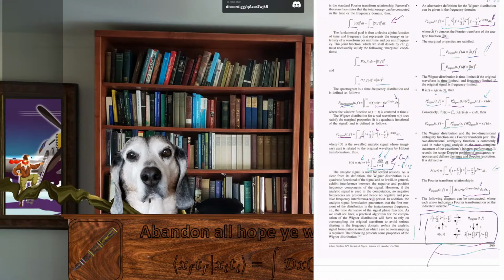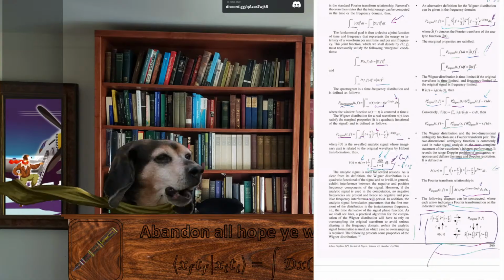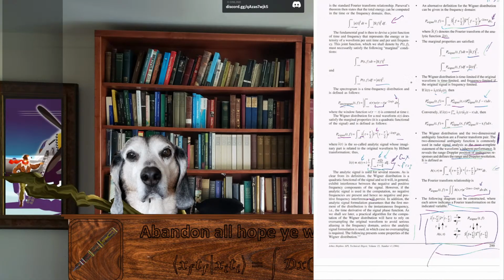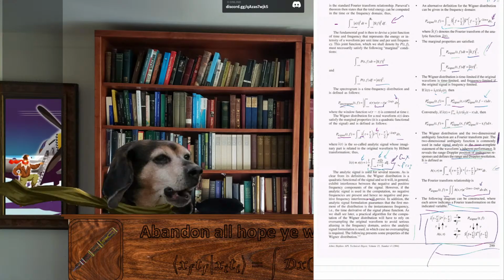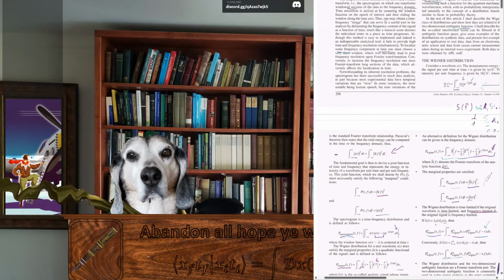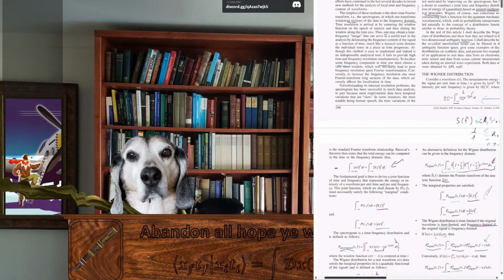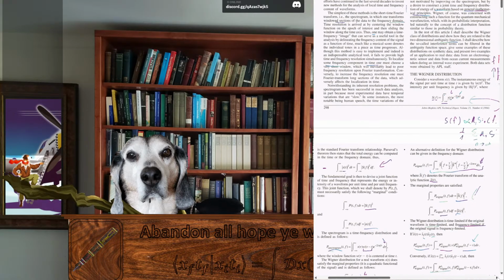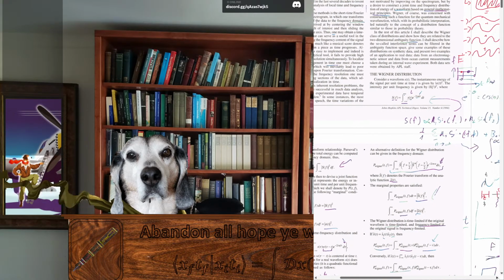There we go. That's a pain in the butt. I have to tap instead of slide.